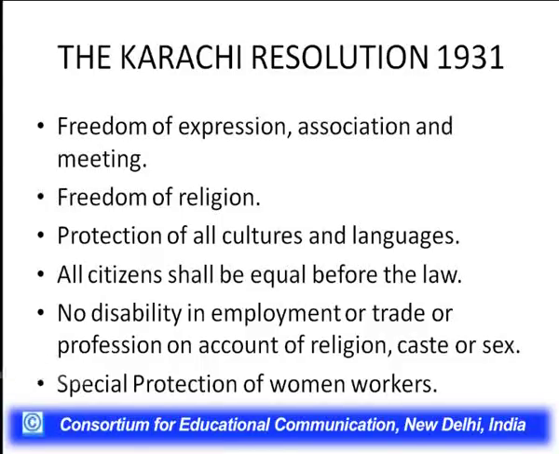And this resolution is very central, because in a certain sense it informed the vision of independent India, informed the vision of the Indian state in the early decades and was very central to the ideas that informed the Indian nationalist movement. Let us examine some of these ideas that were expressed in the Karachi Resolution.